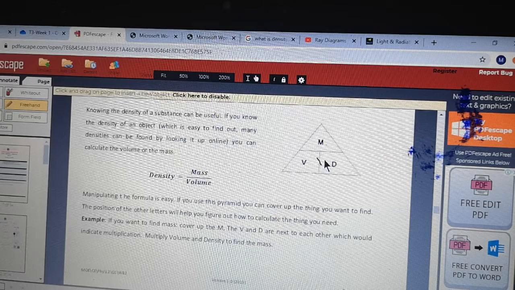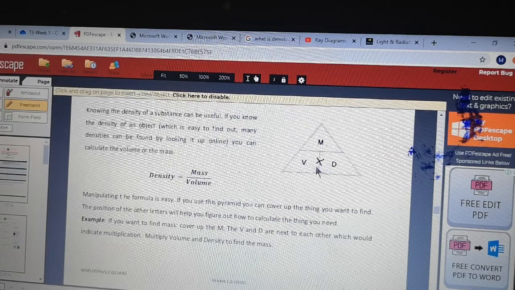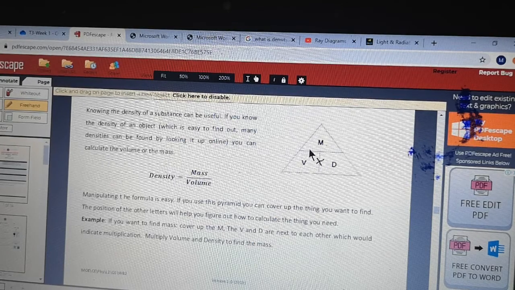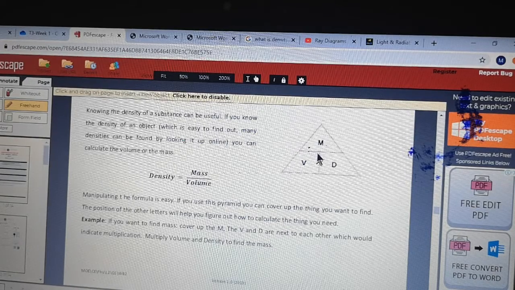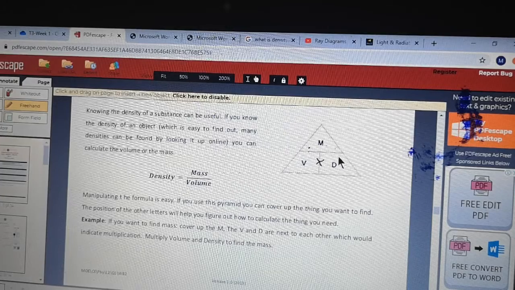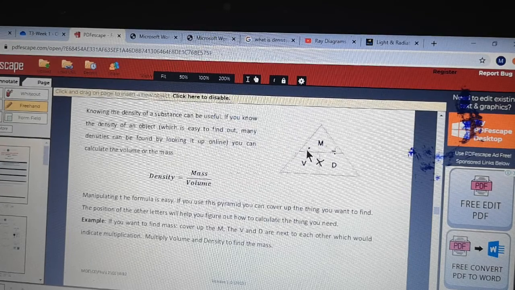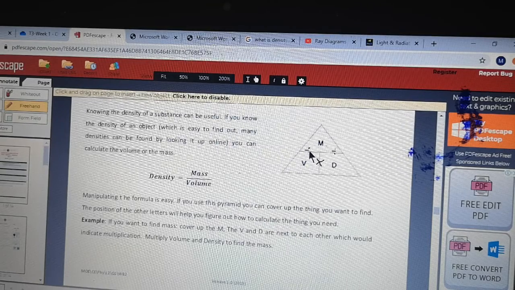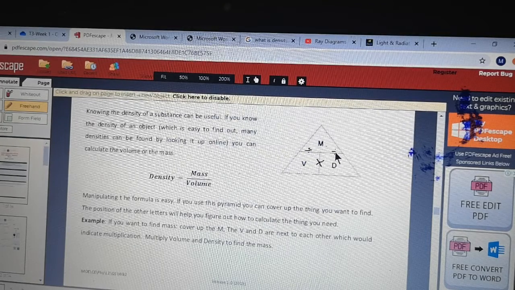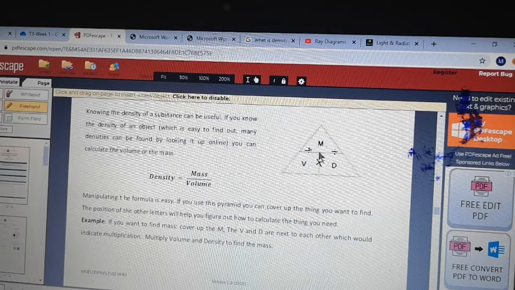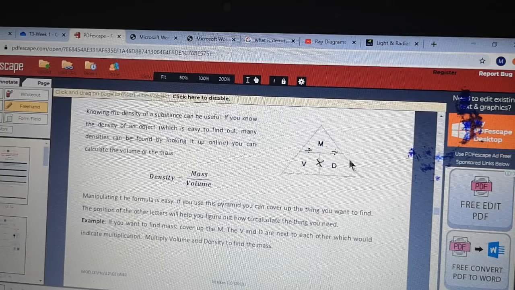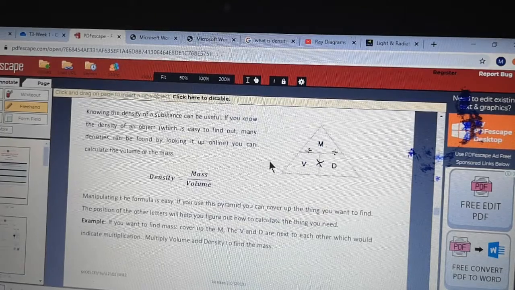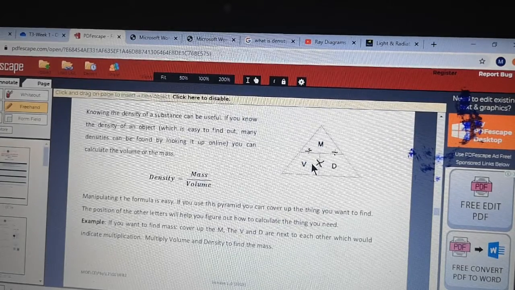Let's add a multiply symbol and a divide symbol here and here. These are mathematical symbols. Physics has a lot of maths in it, and this triangle will help us solve lots of maths problems in physics throughout the physics course for level 2.